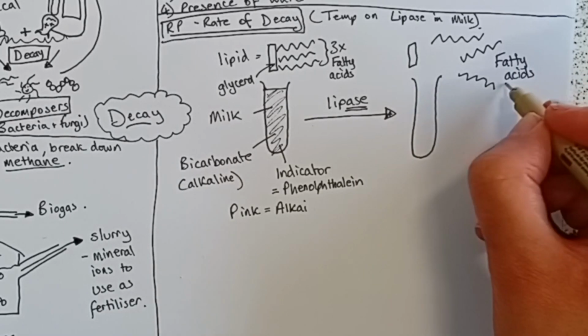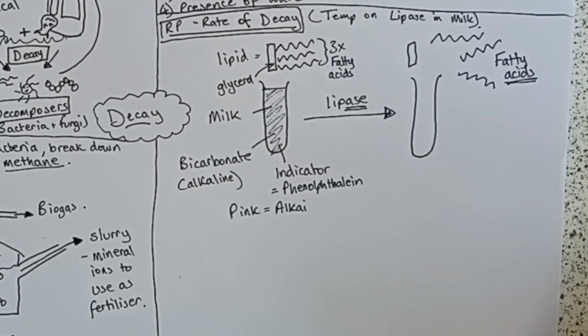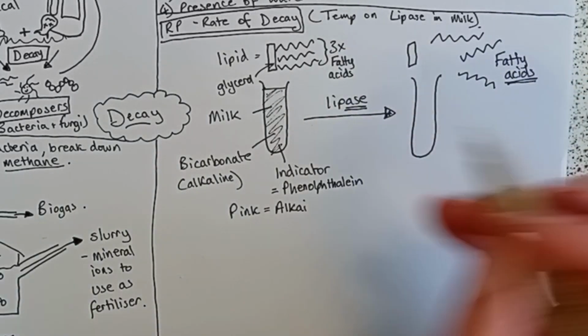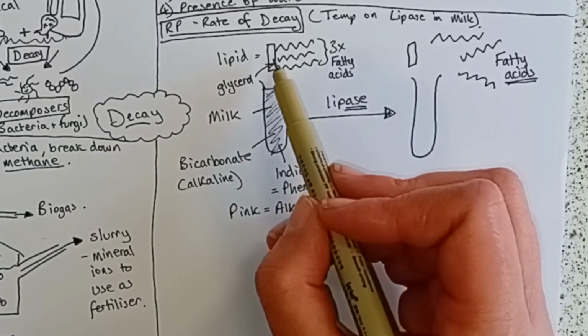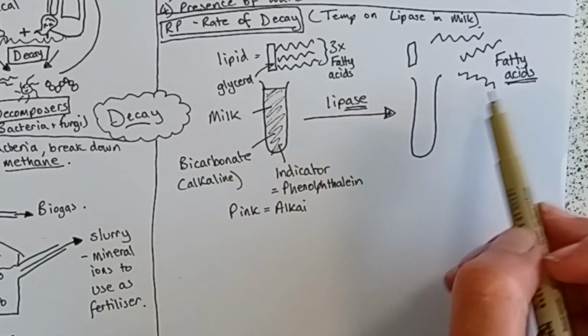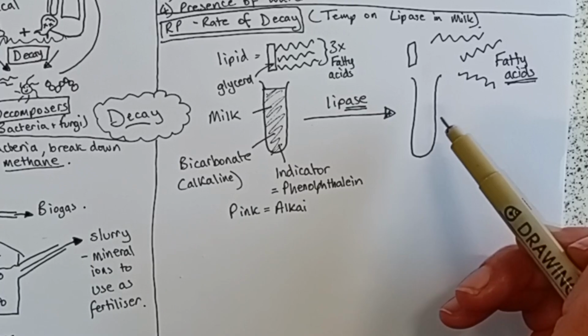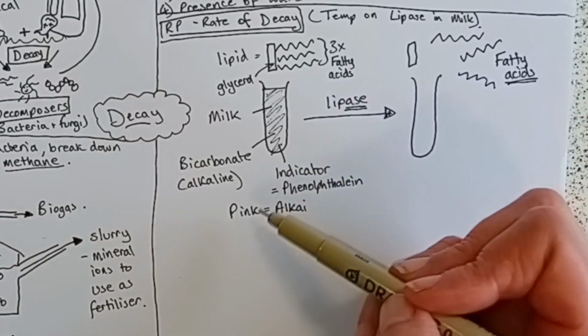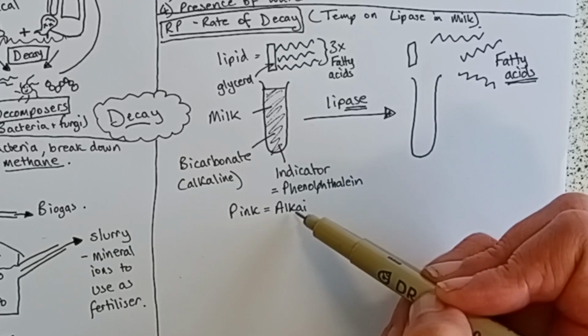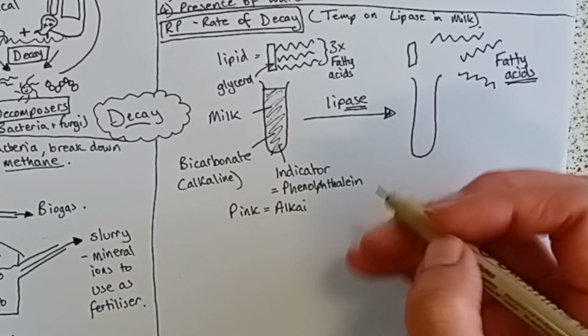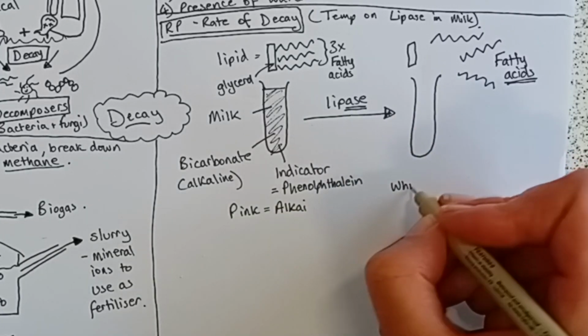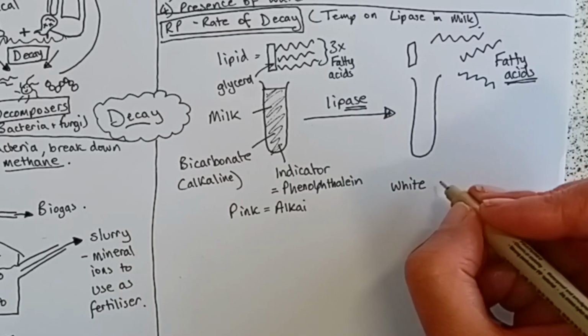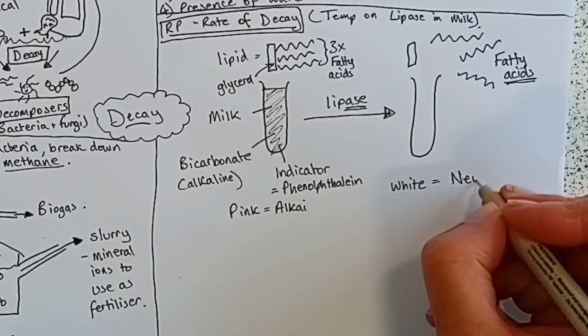And fatty acids, as the name suggests, are acidic. So as the lipase chops up the fat, it makes more and more acidic molecules, which means it gets more and more acidic, which means eventually this pink indicator showing it's alkali eventually goes white. In fact, it goes clear really, but the milk is white, which means it is neutral.